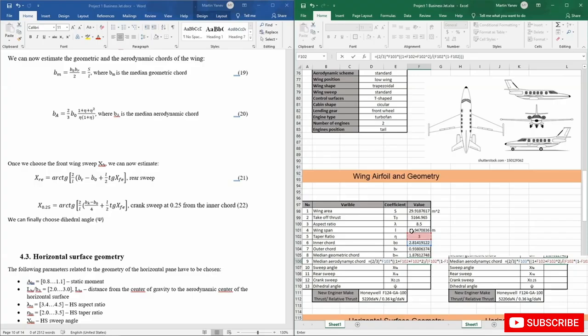So you can see how many times we use the taper ratio, and it's quite important for estimating the chords.